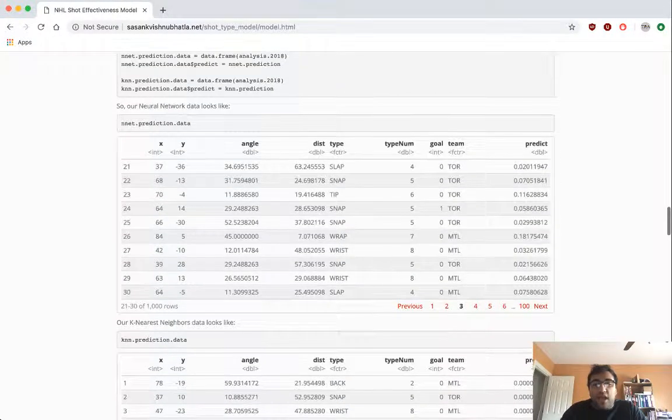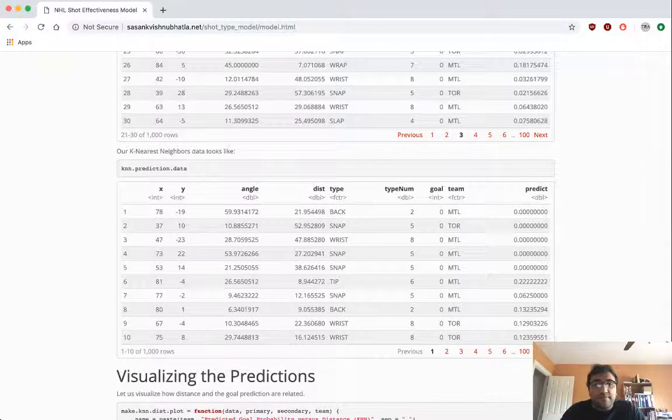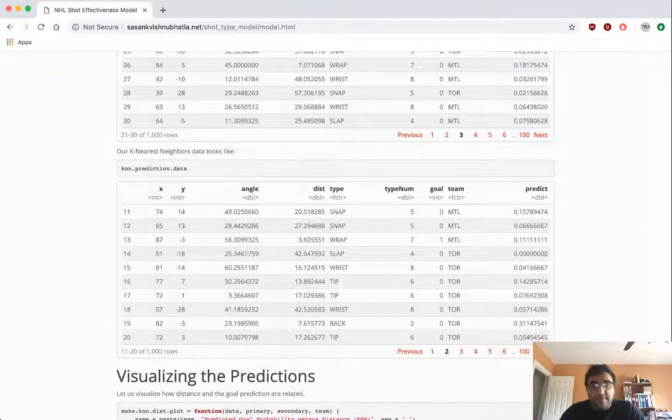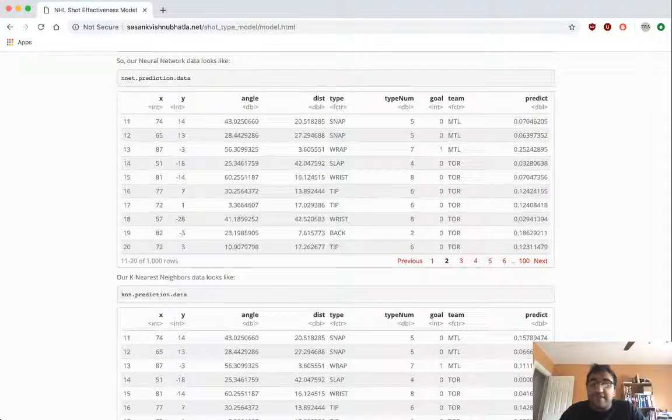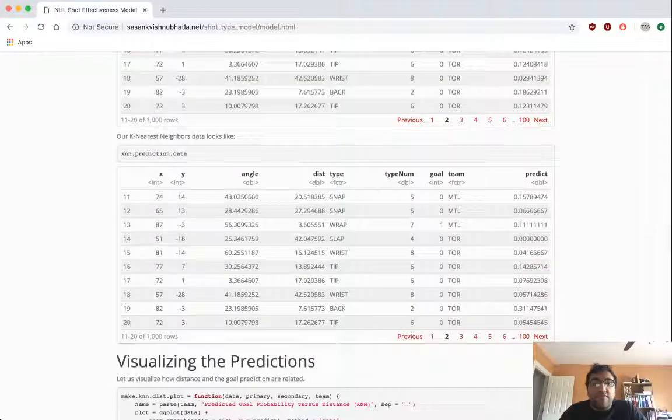If we look at our K nearest neighbors, we see here this wraparound shot that scored had an 11% chance by the K nearest neighbors model. That is much less than what our neural network said of 25%. If we look at 24, this Toronto snapshot which scored had an 8.3% chance.